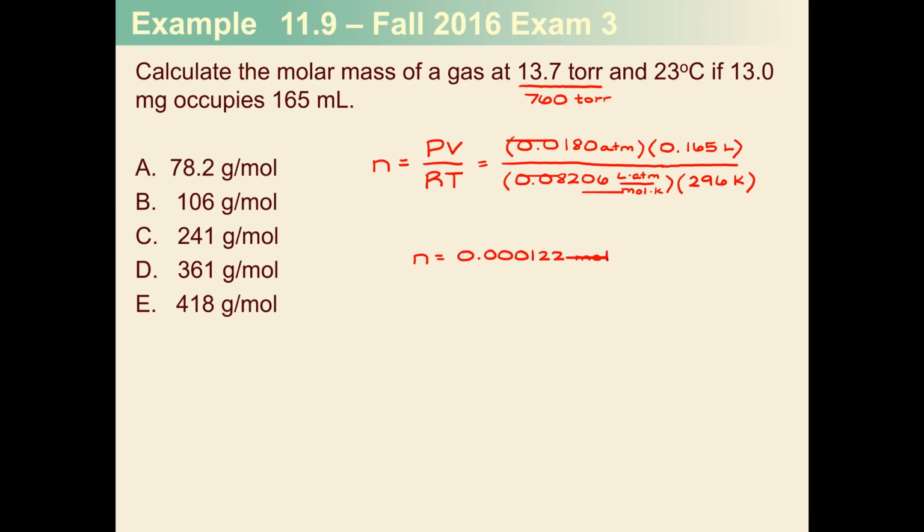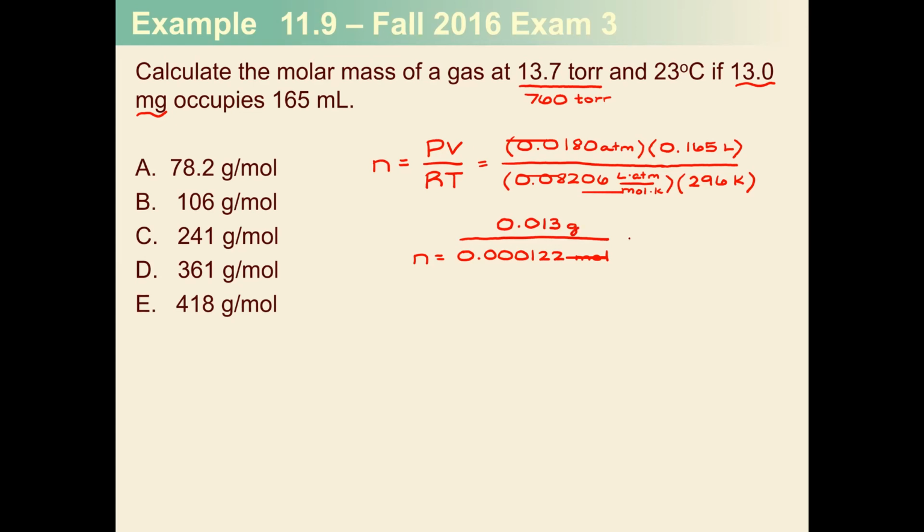So now what can I do? Well, notice that I have 13 milligrams of gas, and now I know the number of moles. So what I'm able to do is take that 13 milligrams, remember, milli meaning I need to divide by 1,000 to get to grams. So I can say that 0.013 grams of my gas is that number of moles.